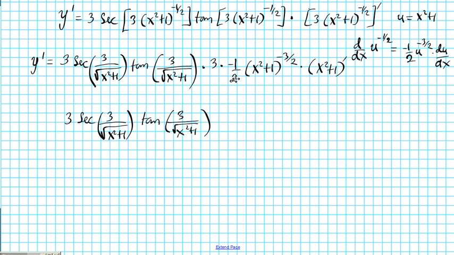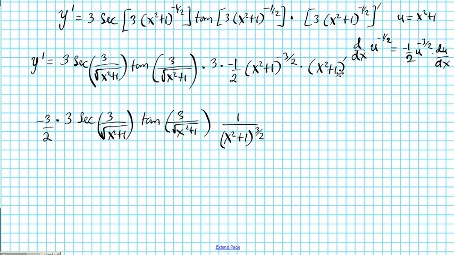So negative 3 over 2, we can bring it to the front here. I'm going to multiply them in the next step, negative 3 over 2. This has a negative exponent, so it's going to become 1 over x squared plus 1 raised to the 3 over 2. If you have a negative exponent, you reciprocate it, right?